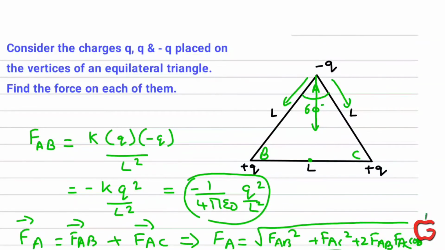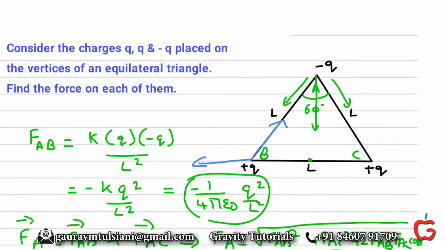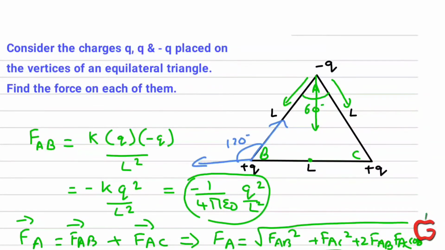Okay. Now let's find out the net force on B. Now the charge placed at B is repelled by the charge placed at C in this direction and is attracted by the charge placed at A. The magnitude of these forces is still KQ square by L square, but the angle now is 120 degrees.